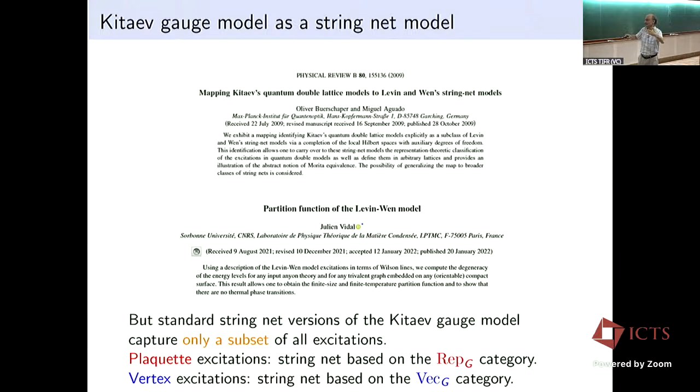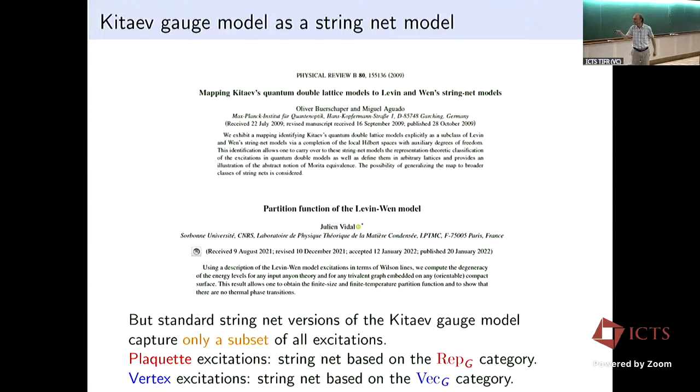You want to satisfy Gauss law, basically. So you're going to work with a string-net in the category of the representations of the group G. Rep G is really what controls the possible charges in your theory. If you're interested in vertex excitations, that is charges, you're going to remove the fluxes. So you're going to impose a sharp fluxless constraint in each plaquette. Therefore, you're going to work with the fusion rules of the Vec G category.